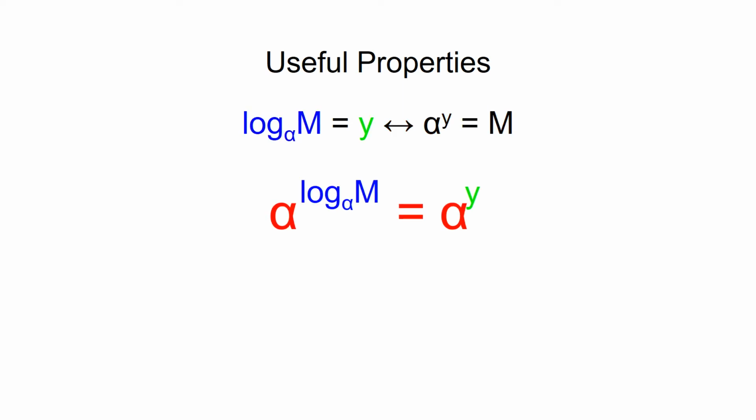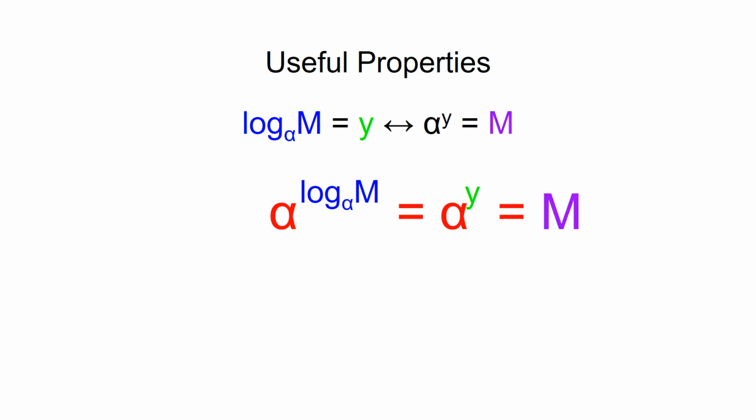One of the things that's true here is that if we have two expressions that are equal to each other, here log base a of m is equal to y, we can take a base, here a, and raise it to the power that's on the left side of the equation, written in blue, and say that that's equal to the base raised to the right-hand side of the equation, written in green. So now we have a to the log base a of m is equal to a to the y power.